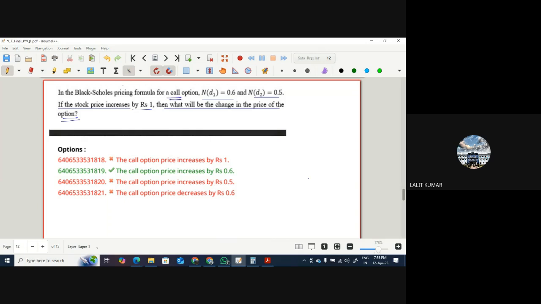So just remember that for a call option, the hedge ratio is equal to ND1. It means delta C over delta S is equal to the hedge ratio, which is ND1, which is 0.6.